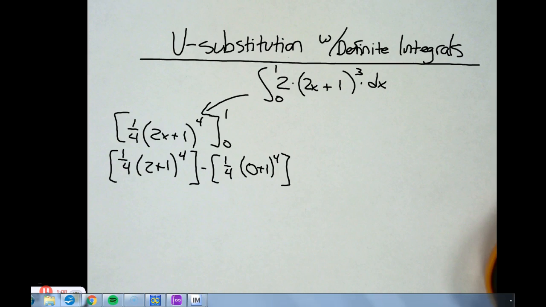You guys with me? What is 3 to the 4th power? 81, so that'd be like 81/4, right? Minus, this would be 1/4, so that would be 80/4, or what we like to call 20.